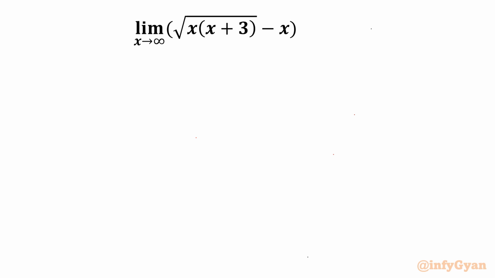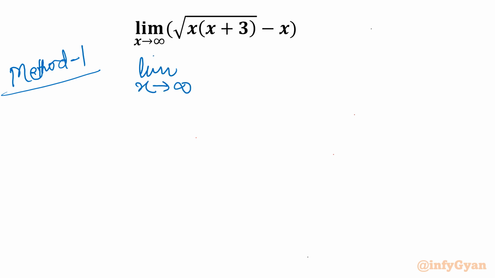So let me begin here with method number 1. And this method is called method of rationalization. But before that I will write our limit problem as limit x tending to infinity. Expand this one, means multiply, so I can write it as square root of x square plus 3x and then minus x.